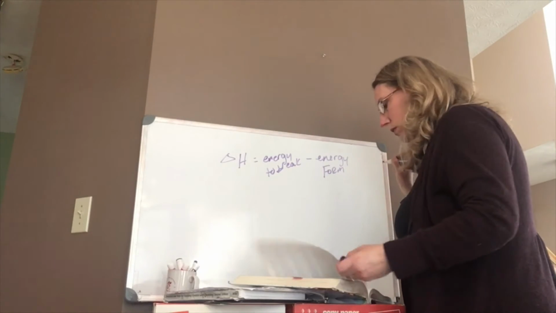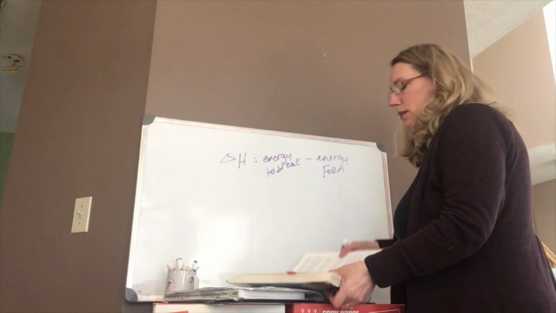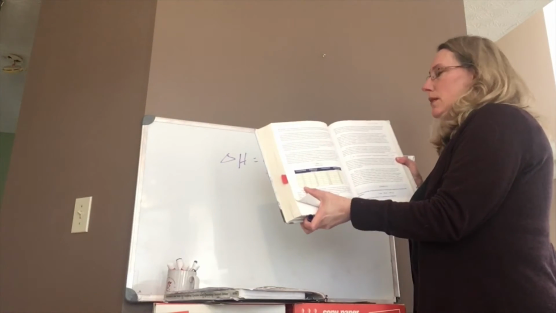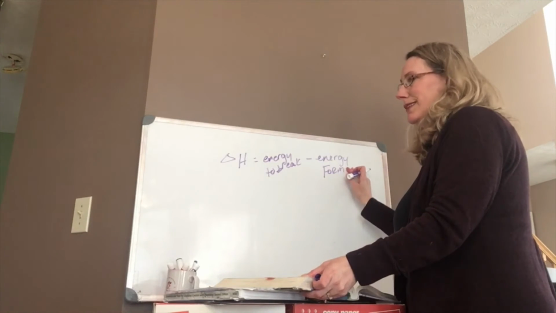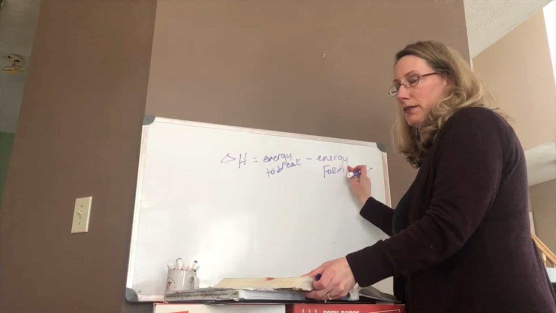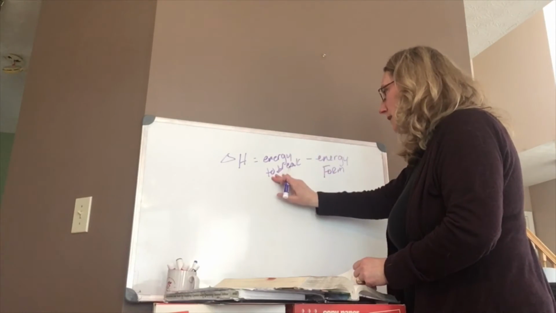Okay, so if you use table 13.1, I actually wrote on the top of mine, it's bonds broken minus bonds formed. Okay, broken minus formed, because the spoiler is later on it switches. And this is the long way. Okay, so we're breaking bonds and we're forming bonds.